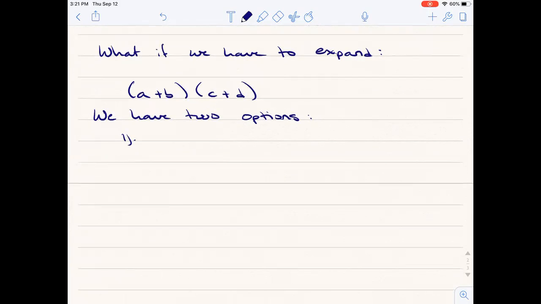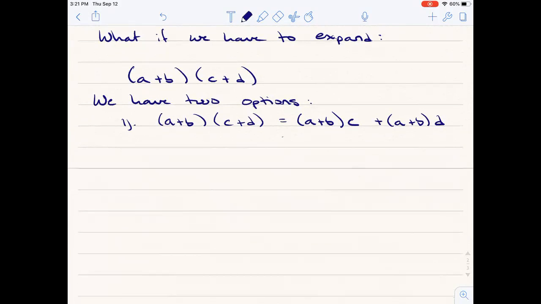So the first one looks like A plus B times C plus D is A plus B being left alone as one thing times C plus A plus B, oops, A plus B times D. And then, of course, bringing the C inside and then the D inside, we get AC plus BC plus AD plus BD. Right.